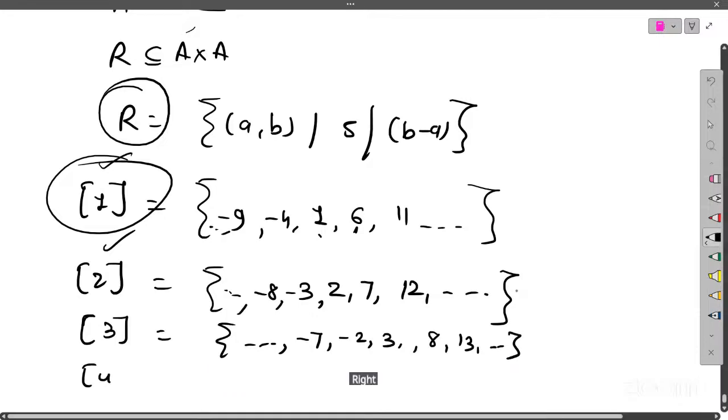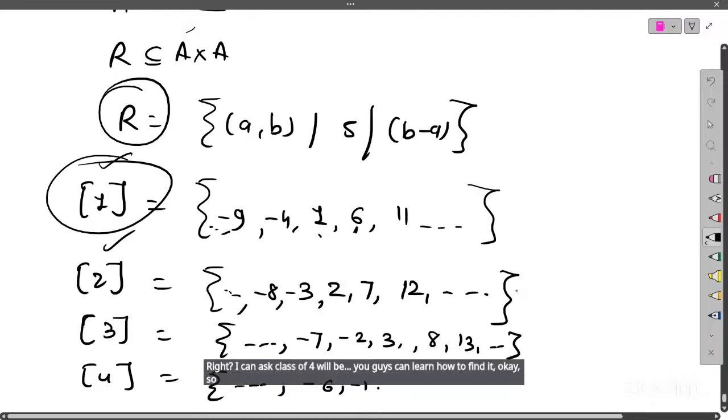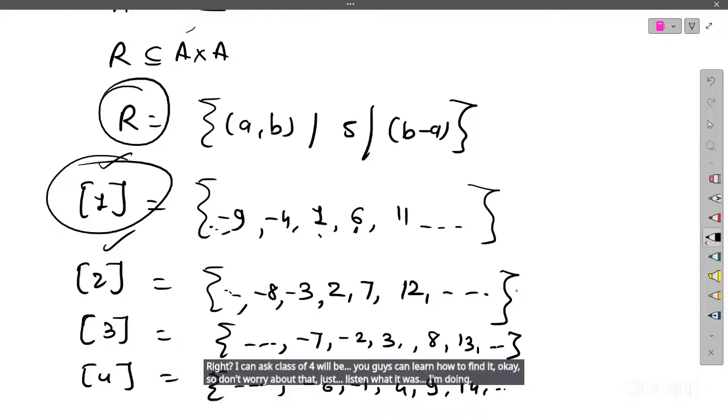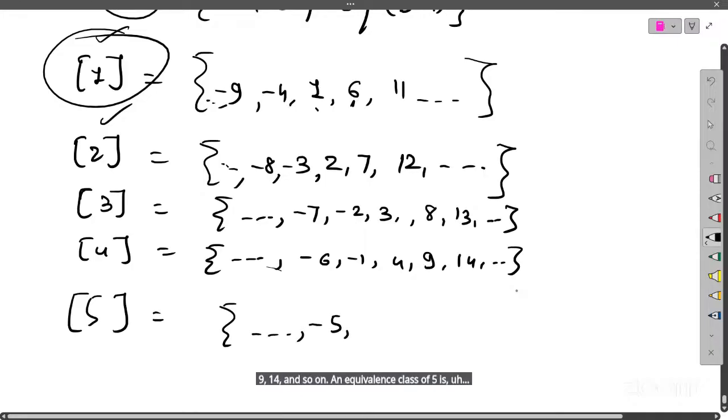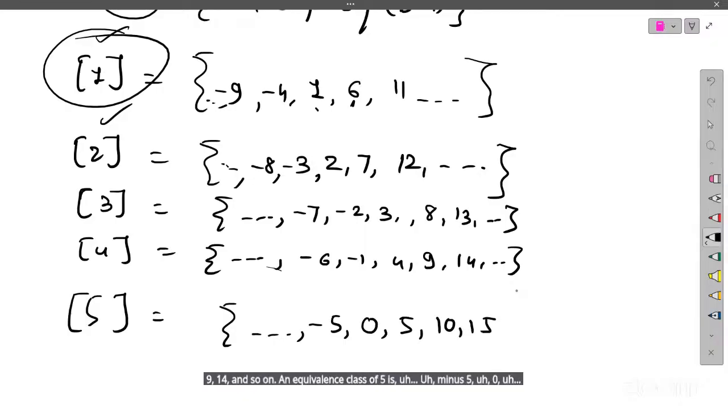The equivalence class of 4 you can learn how to find, so don't worry about that, just listen to what I'm telling. 9, 14, and so on. And the equivalence class of 5 is minus 5, 0, 5, 10, 15, and so on.